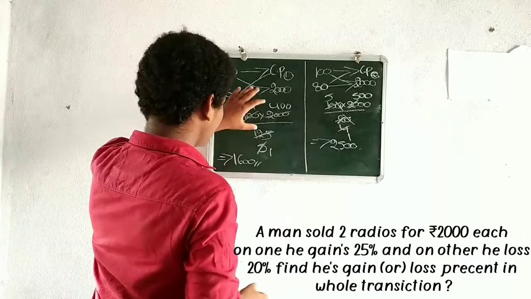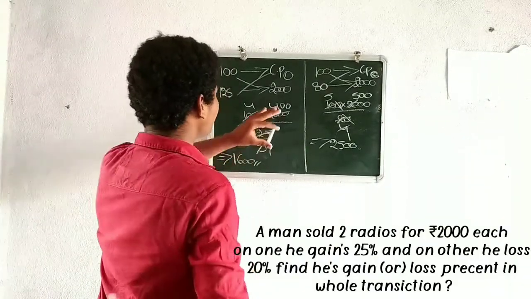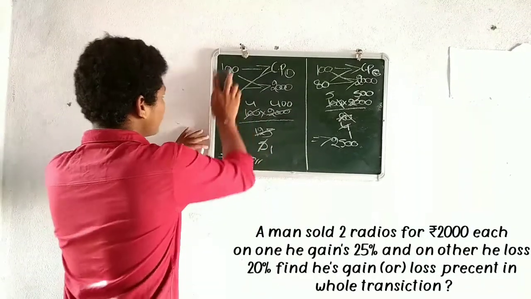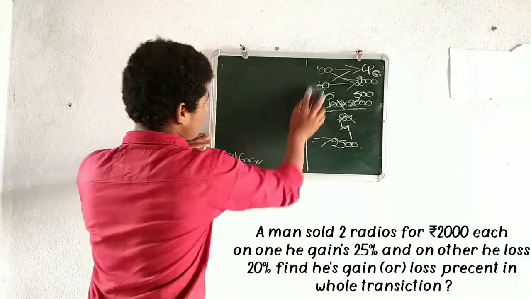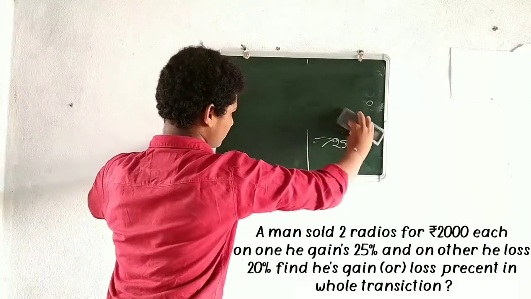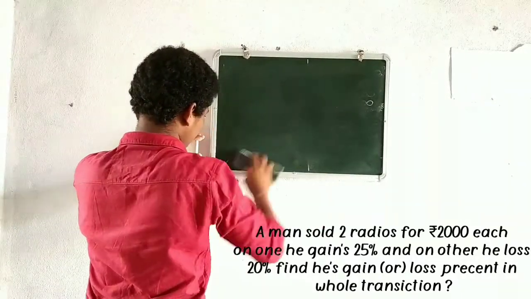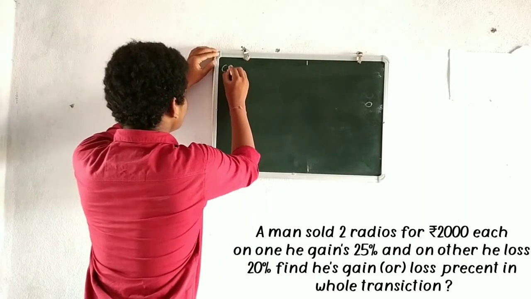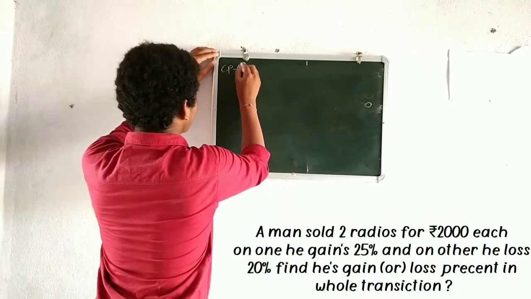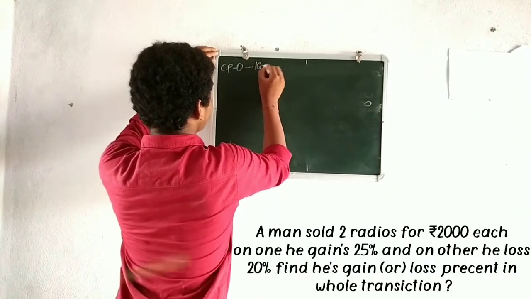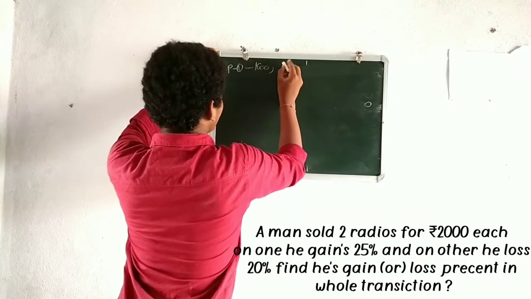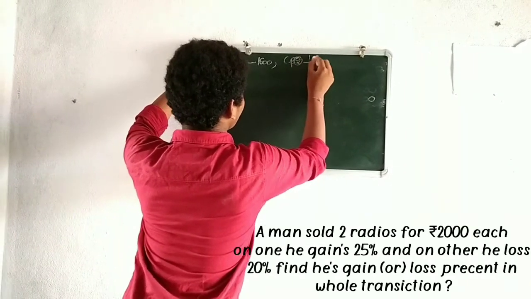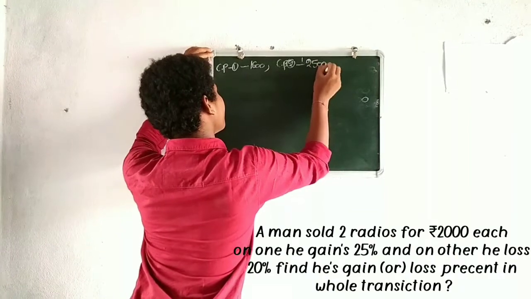Please note down why. Here CP1 is equal to 1600 and CP2 is equal to 2500.